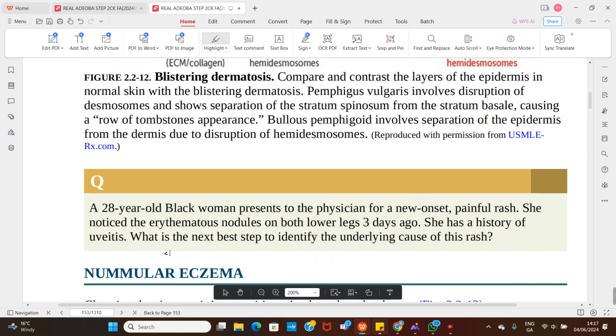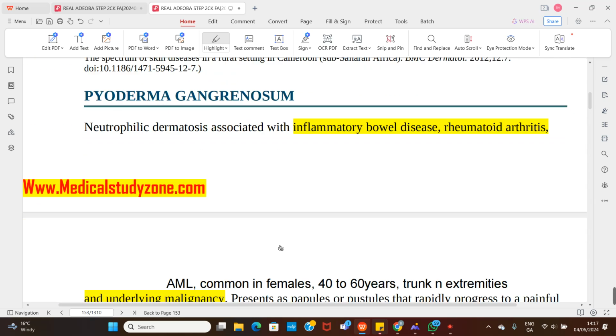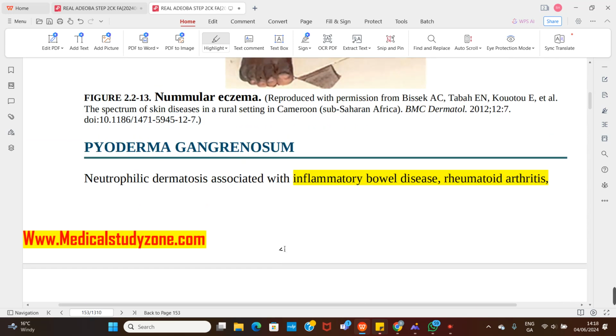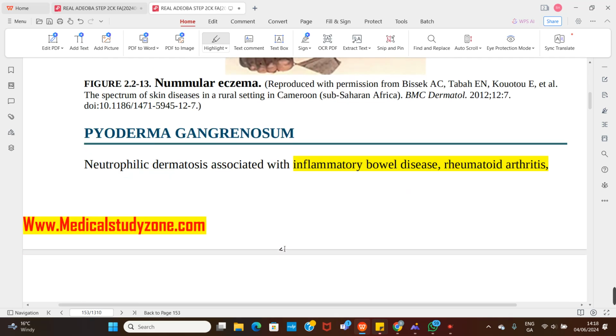Because of the uveitis, with the erythema nodosum. So what's the best next step you have to do? You have to do your chest imaging, right? Just like we have here, you have to do your chest X-ray to look for evidence of hilar lymphadenopathy and the reticular networks. So chest imaging is the next thing.